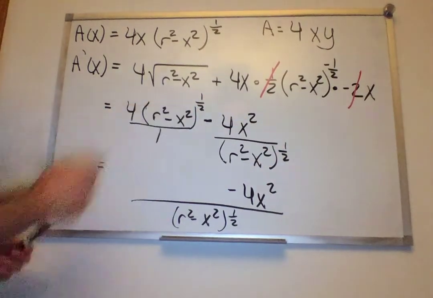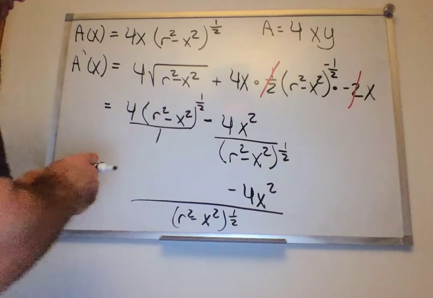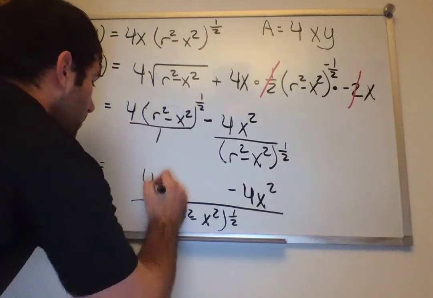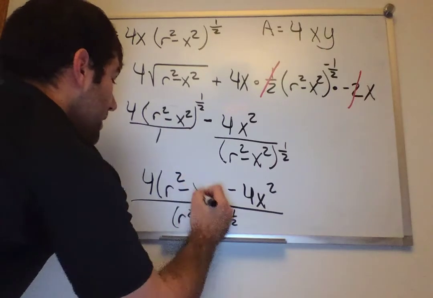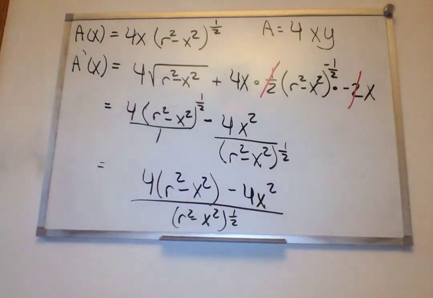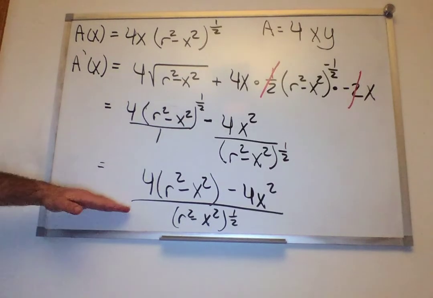So it's this entire thing to the first power. So I could write it like this. 4 times r squared minus x squared.